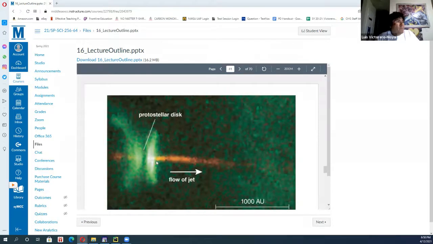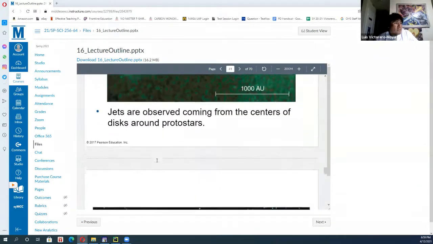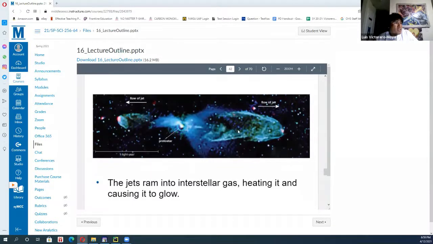So this is an example of a jet. And just to give you a scale, the size of the picture is 1,000 AU. We're talking about distances way larger than the size of the solar system. But once that happens, here's another, this will be more like a radio image of it.